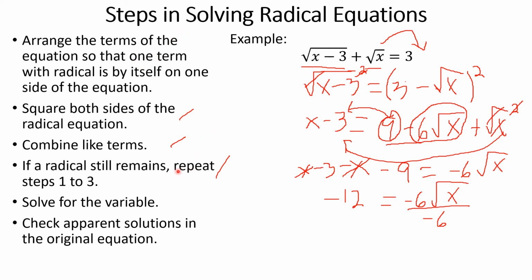So, babalikan po natin. Repeat steps 1 to 3. So, divide both sides by negative 6 para po mawala yung kasamang negative 6 ng square root of x. Then, it will give negative 12 divided by negative 6. That will give us positive 2. And that is equivalent to square root of x.